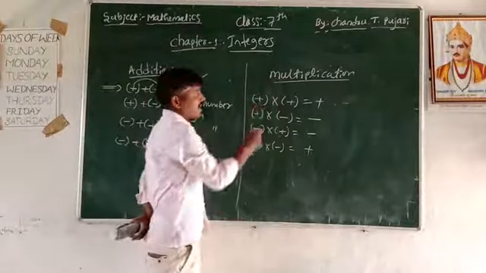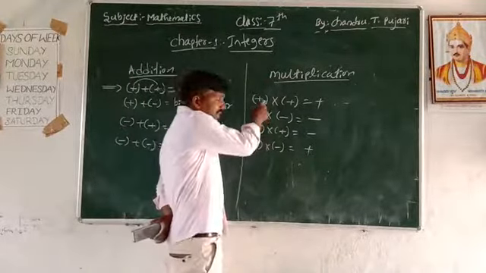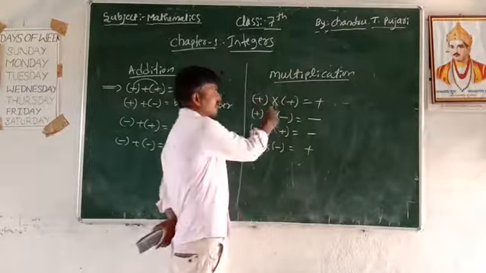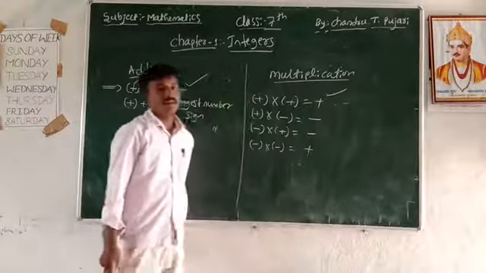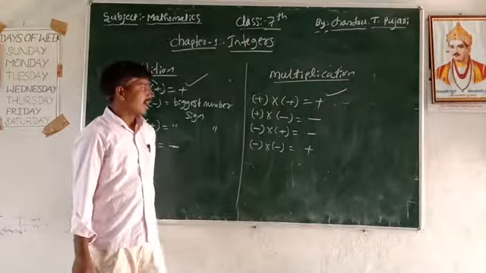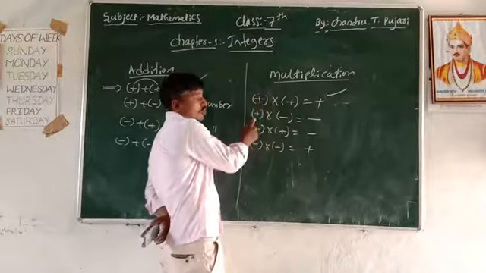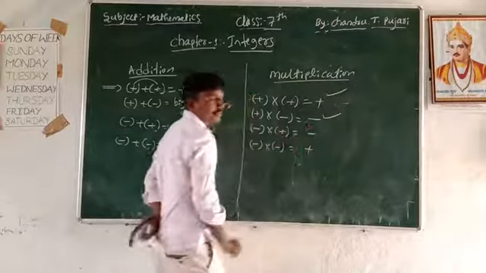In multiplication, you can multiply positive integers. The answer is also positive. The second rule is you can multiply a positive integer and a negative integer. The answer is negative.